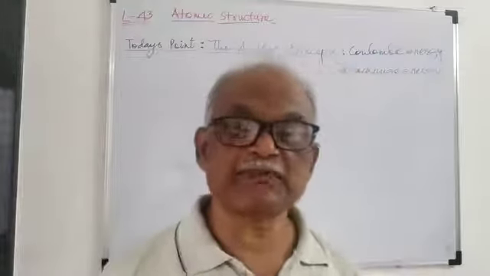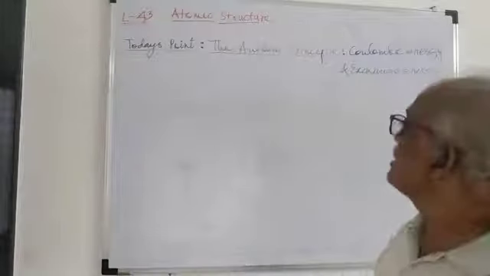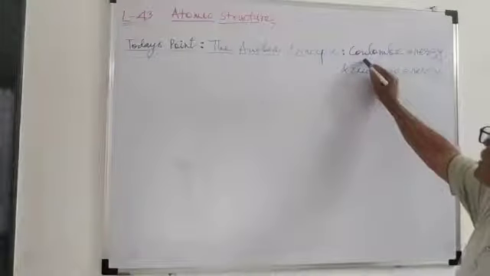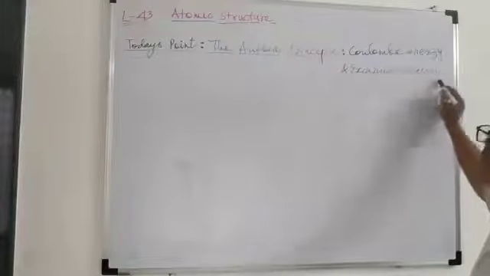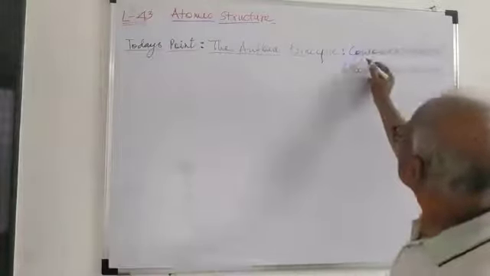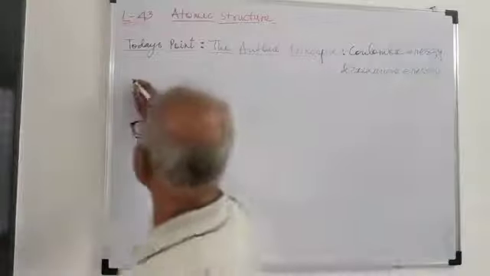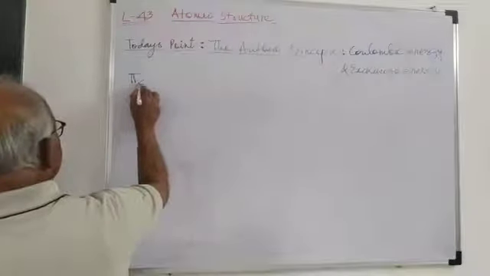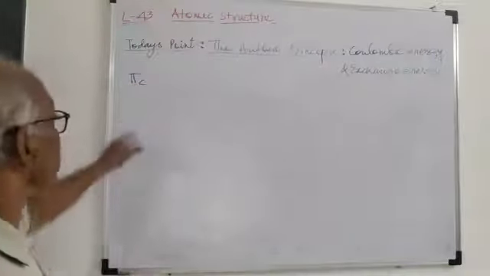So we were last time discussing this rule, in which we have also seen what is Coulombic energy and what is exchange energy. This Coulombic energy is represented as pi c.